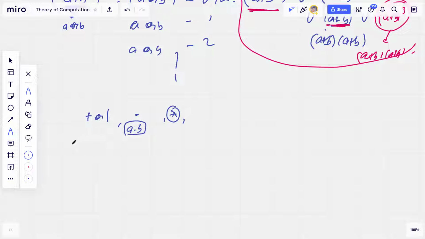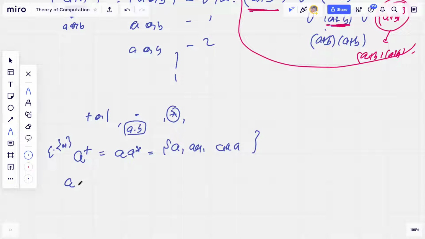And there's one more. What if I write A plus? This A plus is equivalent to A into A star, because plus is a valid operator. So A plus equals A into A star. It is the set of all strings over the alphabet containing only A, of length greater than or equal to 1.